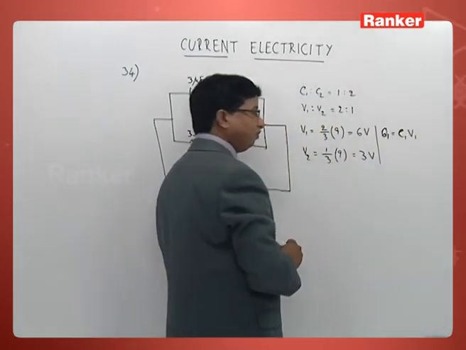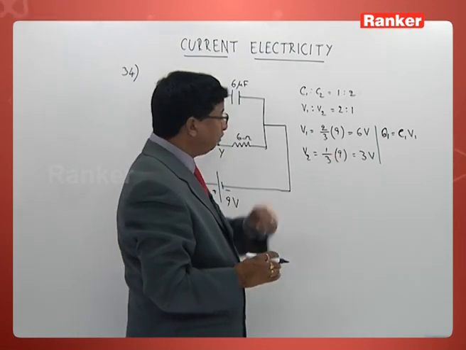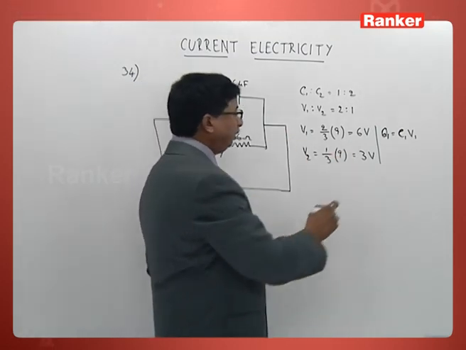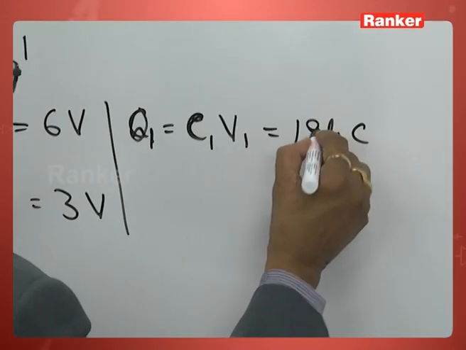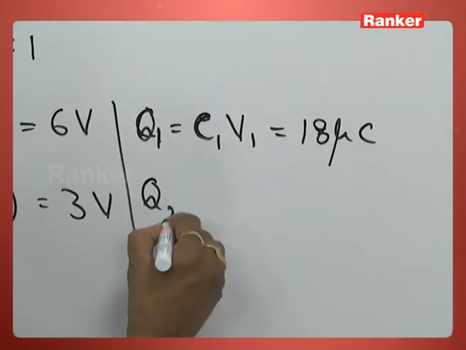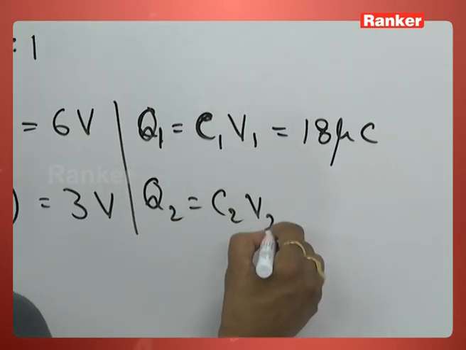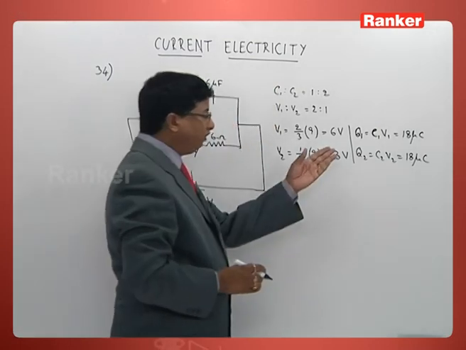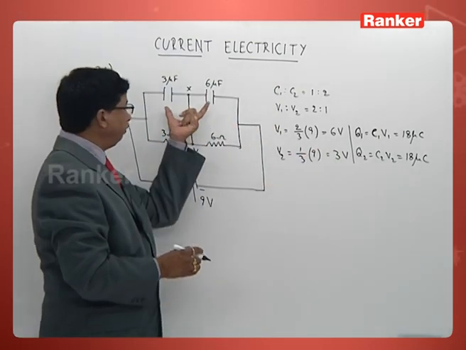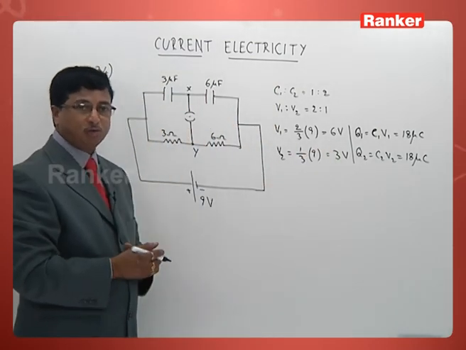Charge I am calculating. C1 V1 now will become 18 microcoulomb. Likewise, Q2 becomes C2 V2, that also becomes 18 microcoulomb. The reason can be better understood, these two are in series, I have already told you.